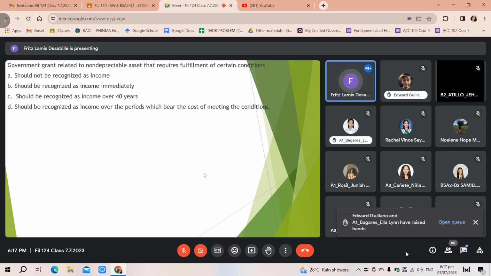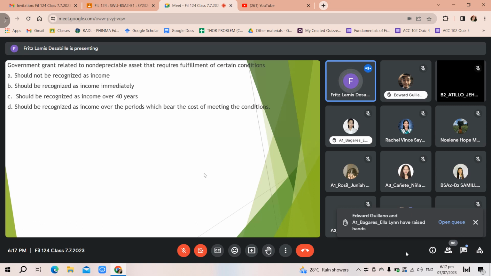Unsa ra pasabot ana? So since it is a grant related to asset, guys. Grant siya related to asset. Now again, if grant siya nga related to asset, ang usual nato nga recognition of the grant income would be parallel or would be the same with how we recognize the depreciation of the PPE related to the grant.